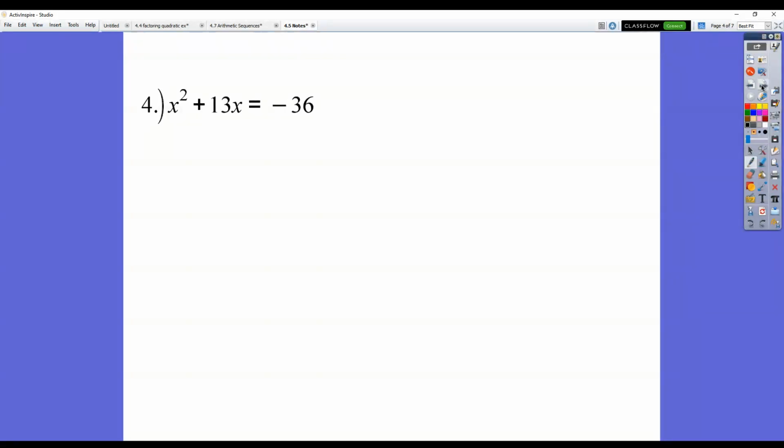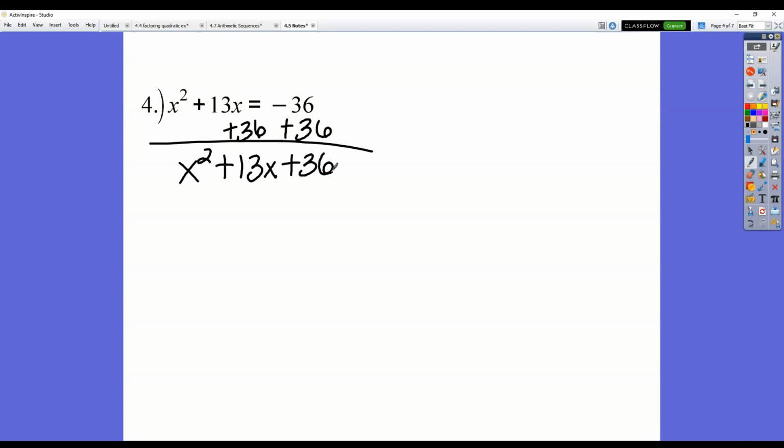Okay, this one, the right side does not equal 0, so I'm going to have to add 36. So what multiplies to 36, adds to 13? 9 and 4.